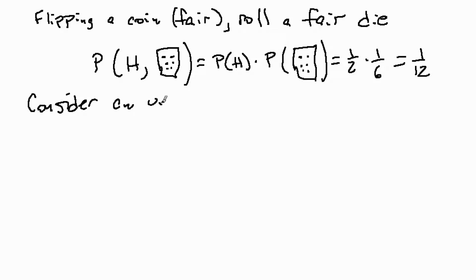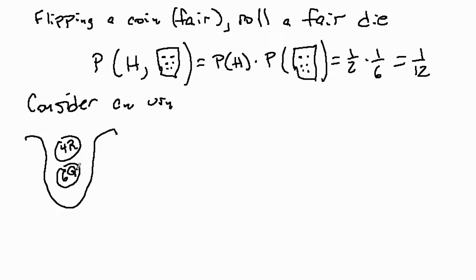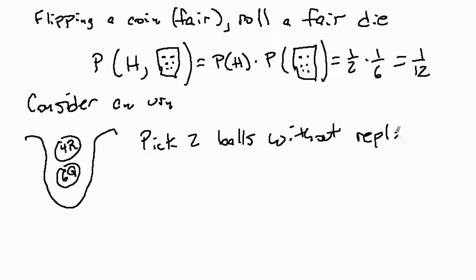On the other hand, consider an urn. So here's our urn. Suppose there are 4 red balls in it, and 6 gray balls in it. I'm going to pick 2 balls without replacement, and you ask, what is the probability of, say, a red and then a gray?